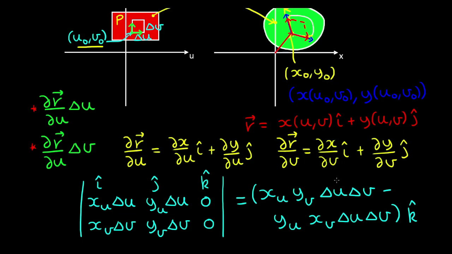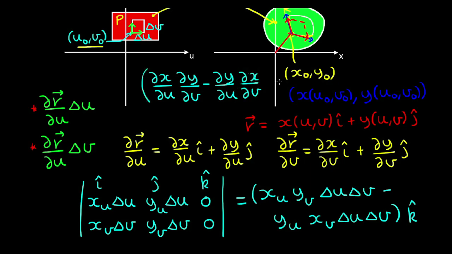So factoring out delta u and delta v, we have the partial of x with respect to u, by the partial of y with respect to v, minus the partial of y with respect to u, by the partial of x with respect to v. And that's multiplied by delta u, delta v. So let's just make a bit of space here. So we have delta u, delta v.